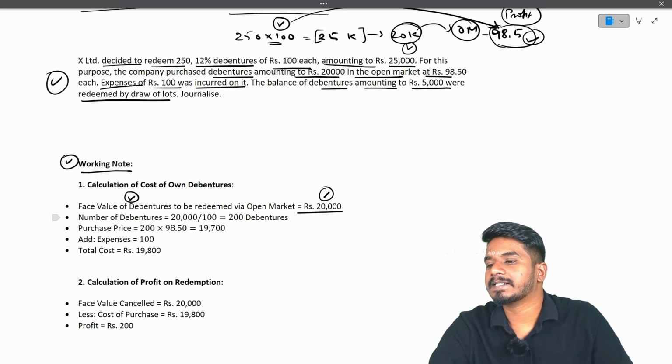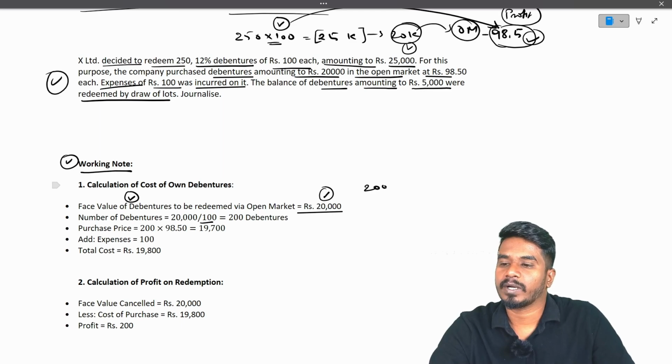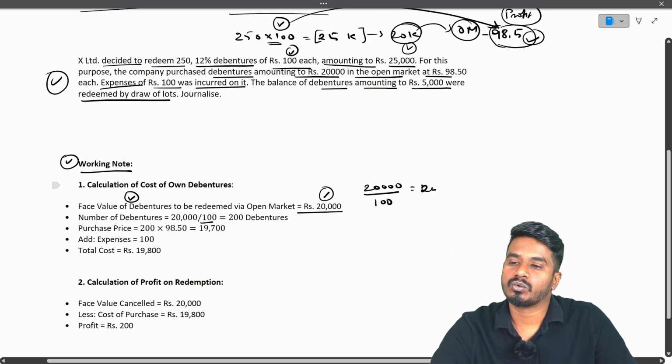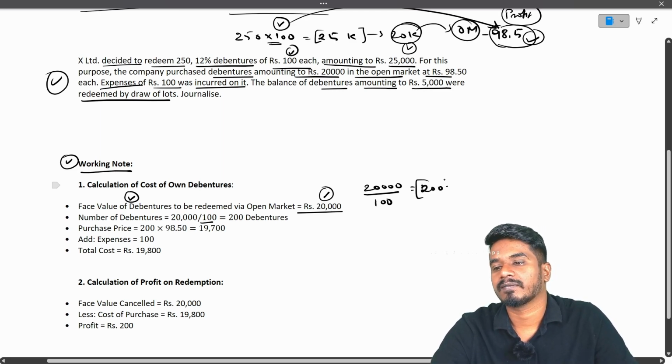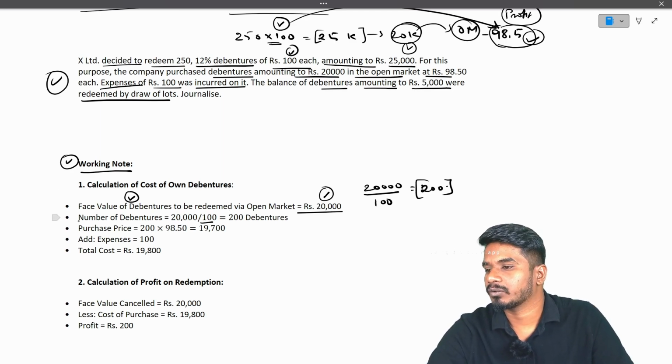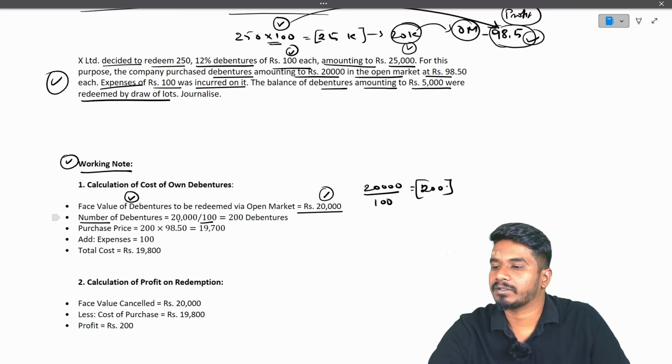Per debenture is 100 rupees, so 20,000 worth of debentures means 200 debentures we bought from the open market.